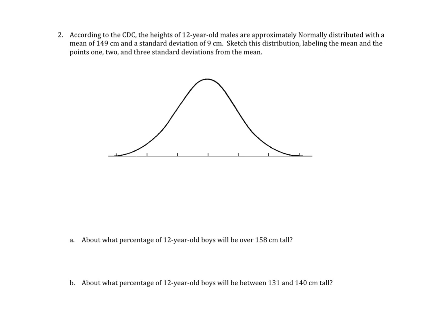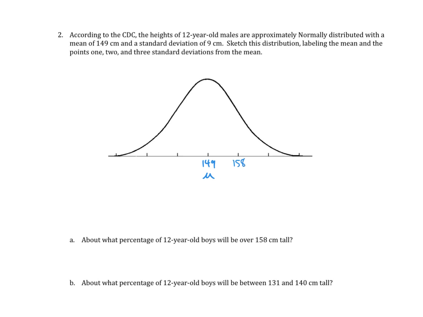So we're going to put the mean in the middle, below that high peak, and the mean is 149. That's mu. And then the standard deviation is 9. So I'm going to go up 1 standard deviation by adding 9 to 149, which gives me 158.